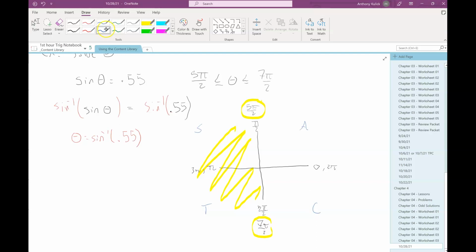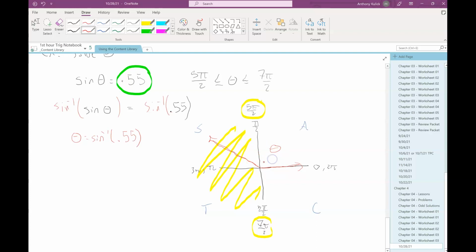So in our problem, if I look at this value, this is positive. So I want the place where sine is positive in between quadrants 2 and 3. Well, that's quadrant 2. Everybody's okay with that? So this is the angle theta I'm looking for.